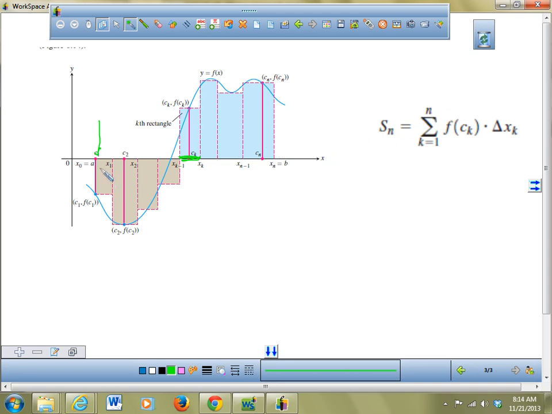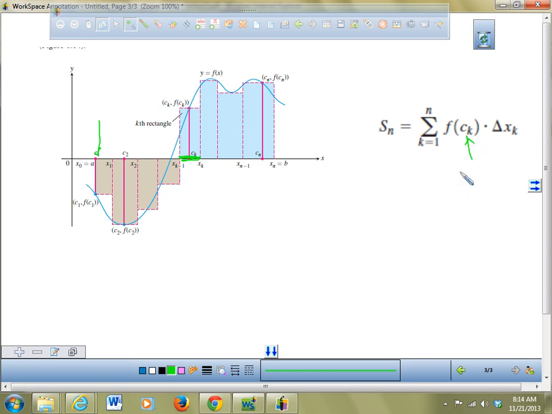It doesn't mean x1, x2, x3. It just means k is the first rectangle, n is the last rectangle. f of c sub k, this c sub k, that's the x value of the height of the rectangle, just so you know what you're looking at.